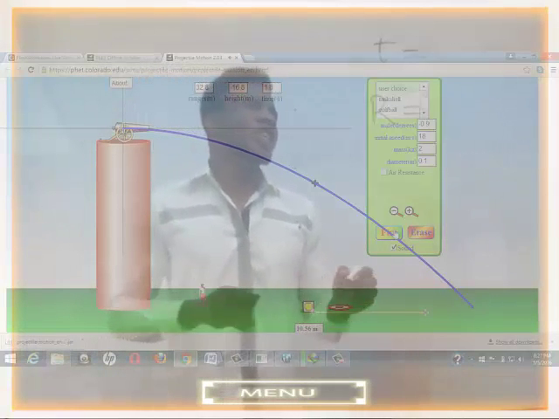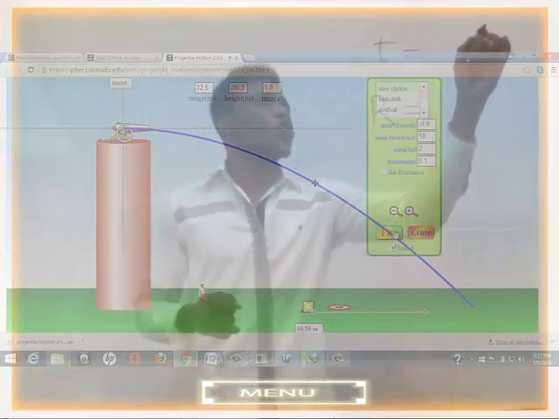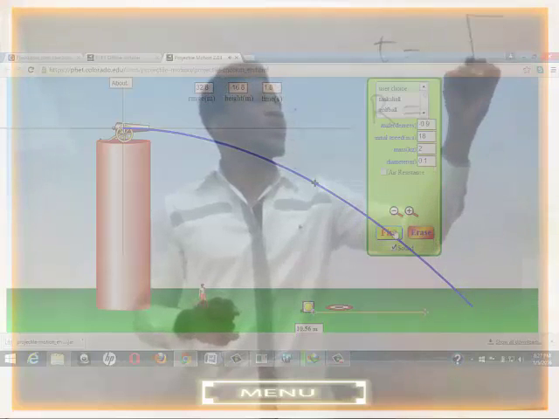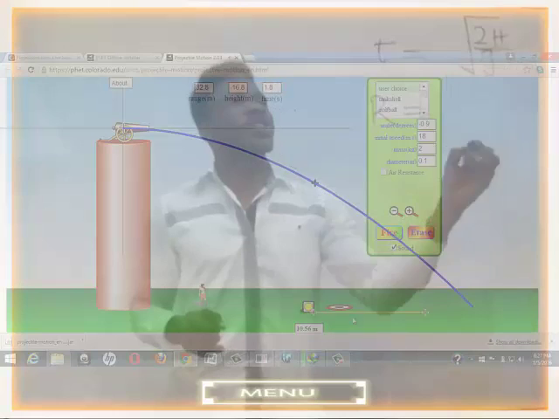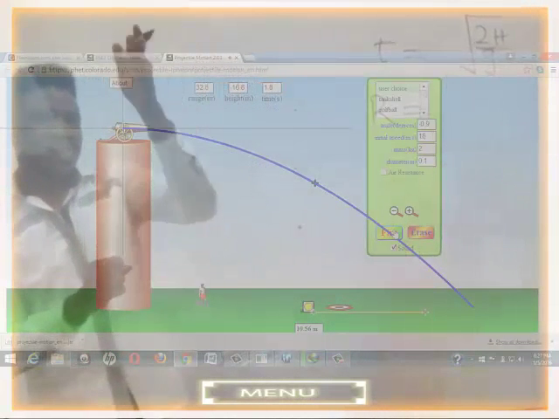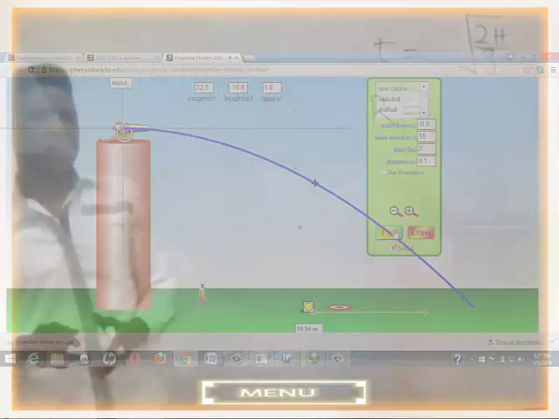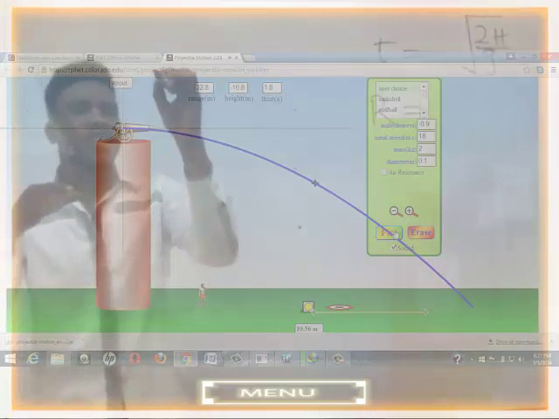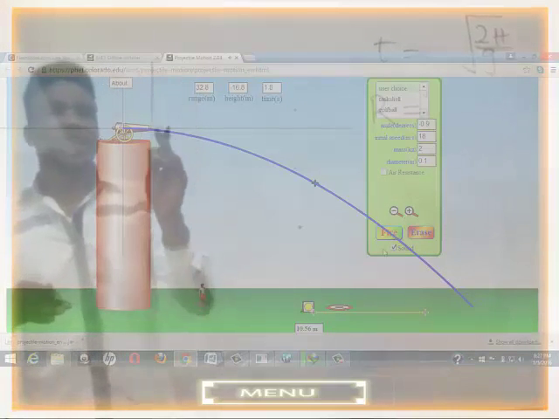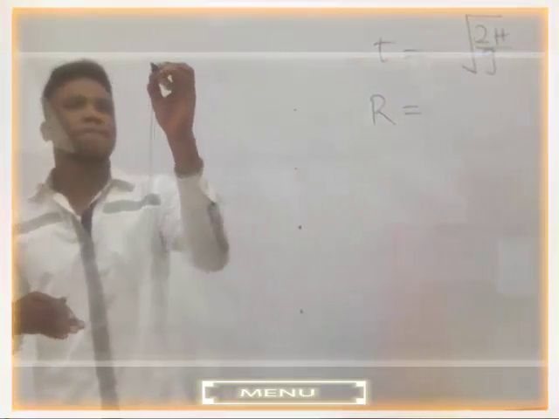So the formula for the time is the square root of 2h over g, where h is the height. Let's have a sketch of the animation.